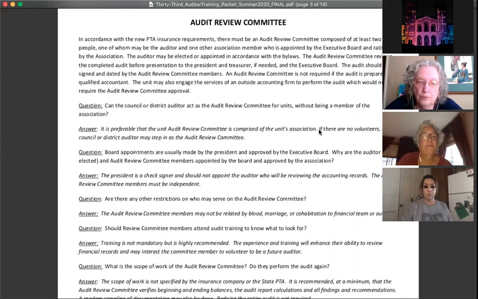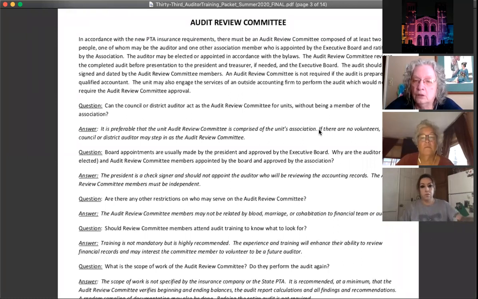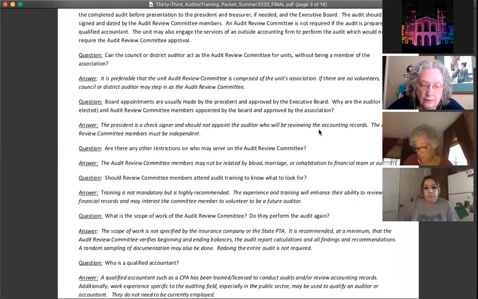We went through the board appointments, that the president does not appoint the auditor or the audit committee. The audit review committee may not be related by blood, marriage, or cohabitation to any financial team or the auditor. So they have to be independent of the auditor and your treasurer and financial secretary. That's your financial team.